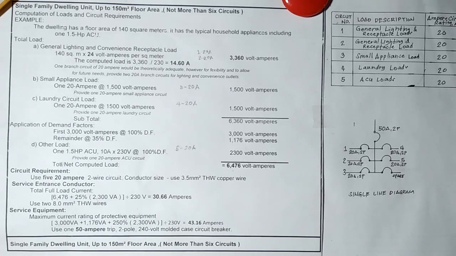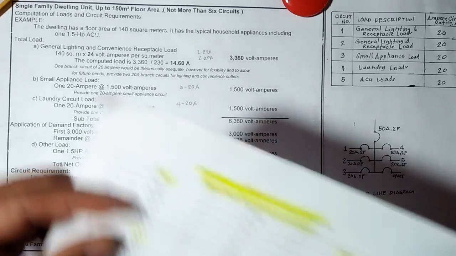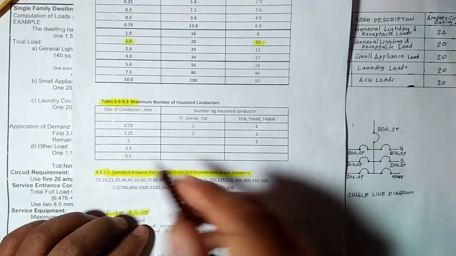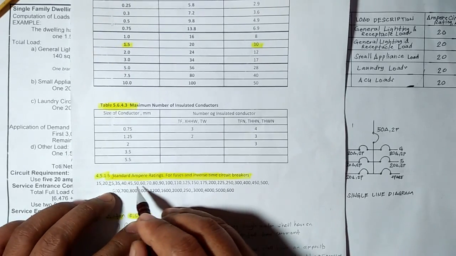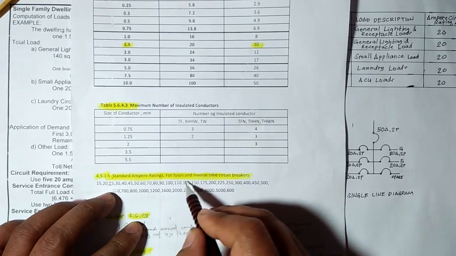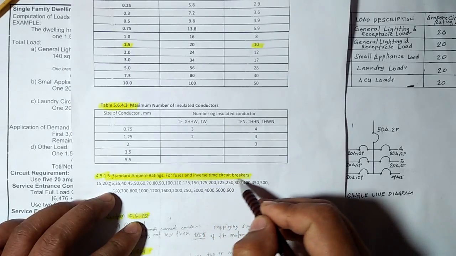I'll try to find it. Okay, for a while. Ito po. In section 4.5.1.5, standard ampere ratings for fuses and inverse time circuit breakers.